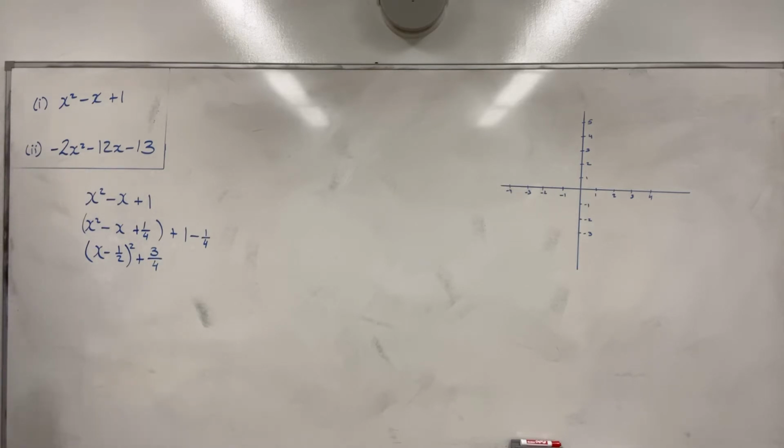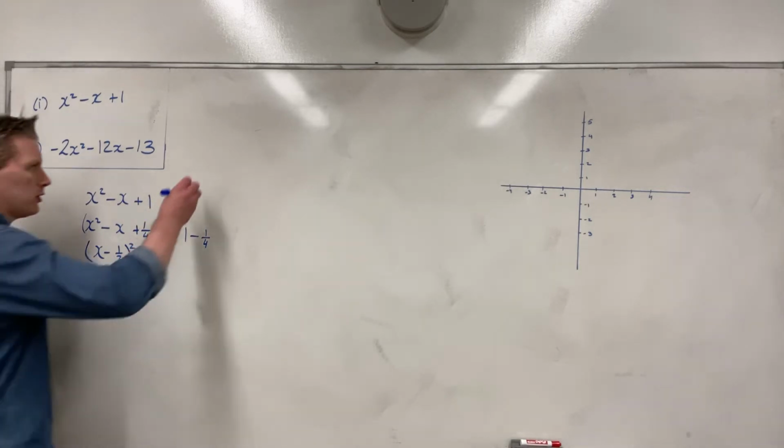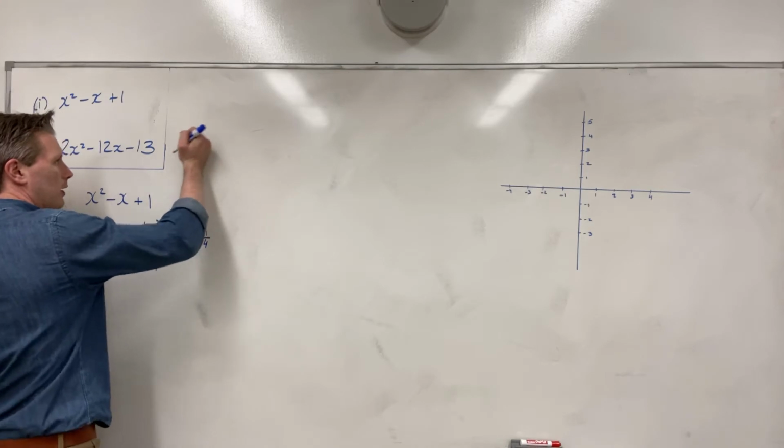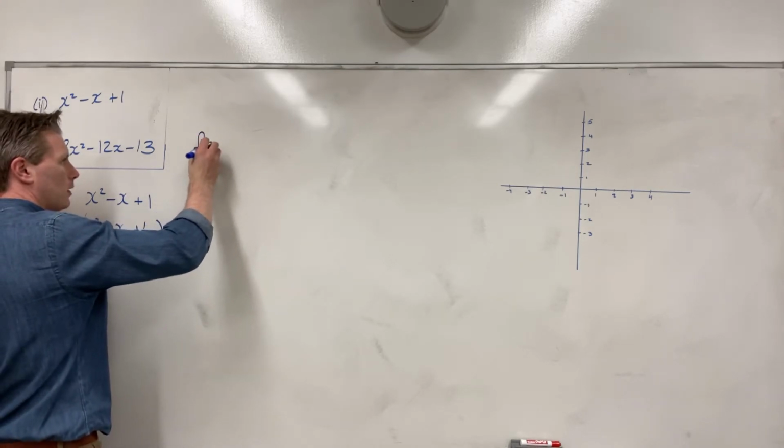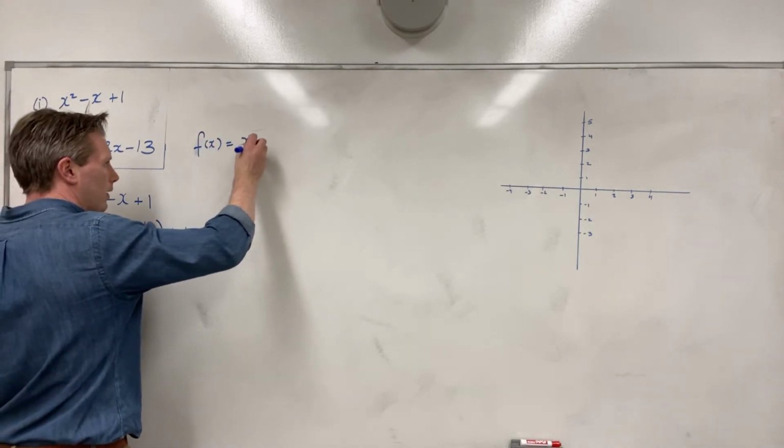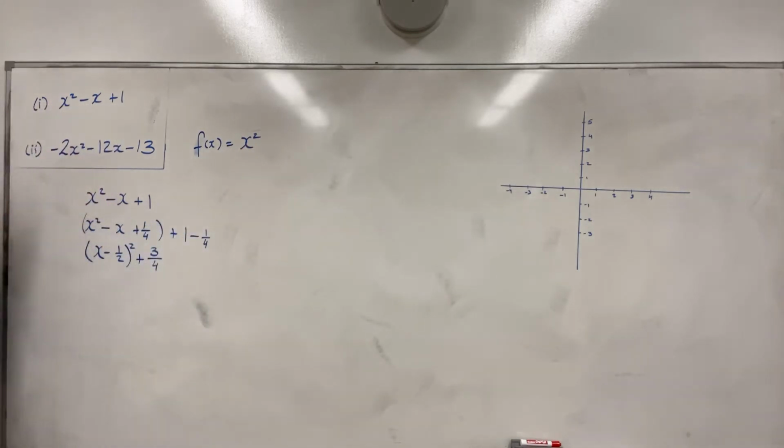What this has allowed me to do is see what transformations have taken place on this quadratic compared to the basic quadratic of y equals x squared. I will write f of x equals x squared. It's my basic quadratic.